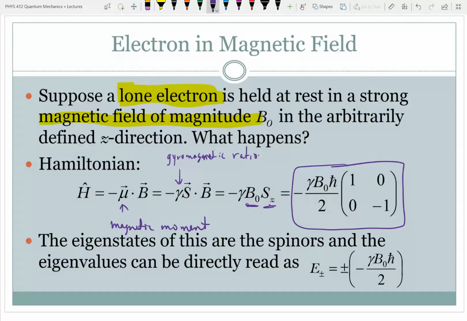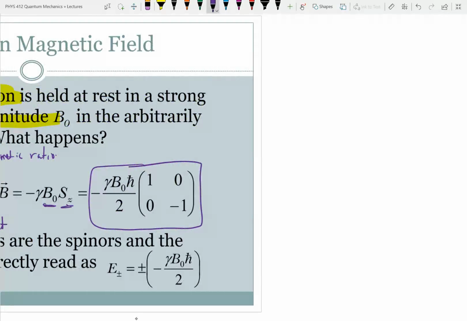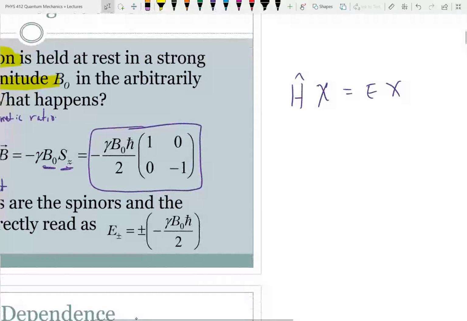We can find eigenvalues. Remember, H times chi equals E chi, right? So how do we find the eigenvalues?